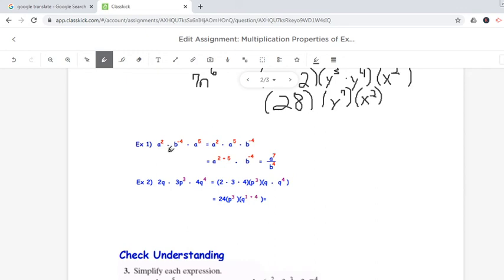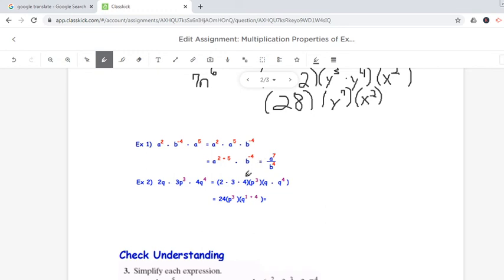Okay, so we have different bases, so we will group our bases. So a squared, that's 2, and a, this is the other a, so 5. So 2 plus 5, times our other base, b, so b to the negative fourth.